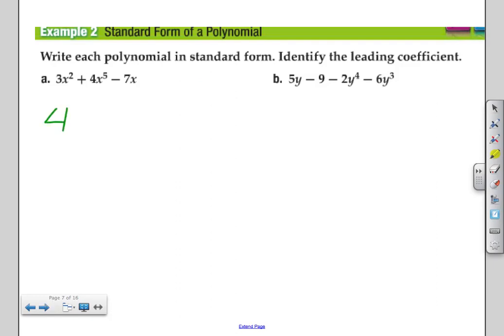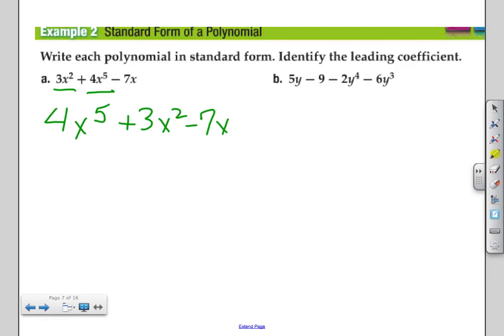So 4 times x to the 5th is our greatest term. And what's our next greatest will be 3x squared minus 7x, by the descending order of the exponents. Your greatest exponent goes first, and so on.